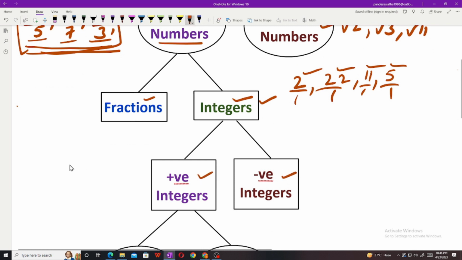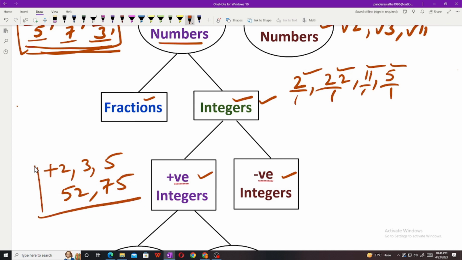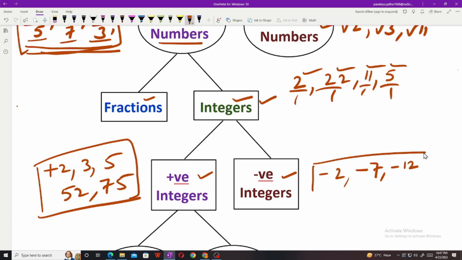Positive integers means all the positive numbers: 3, 5, 52, 75. These are all positive, so we call them positive integers. And negative integers means -2, -7, -12. These are all negative numbers, so these are negative integers.